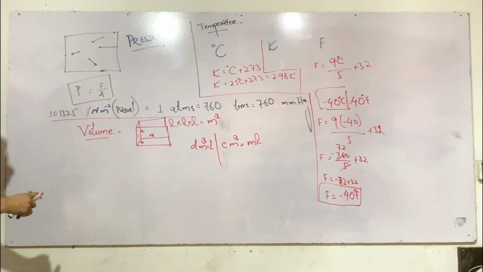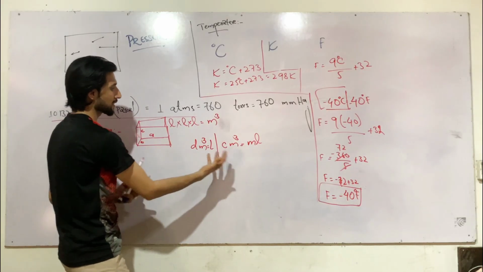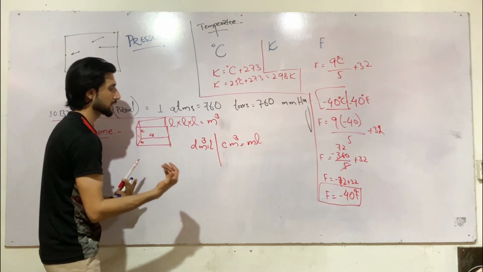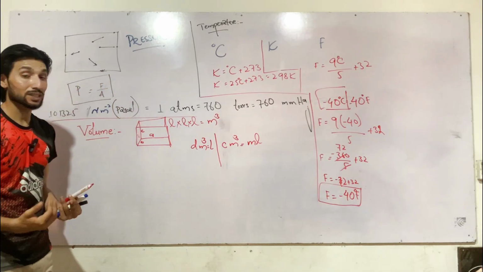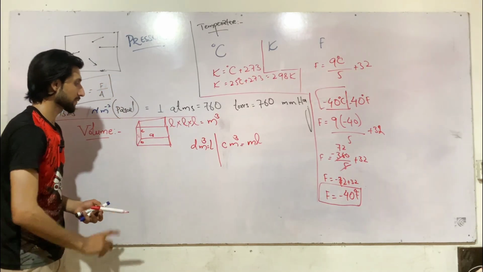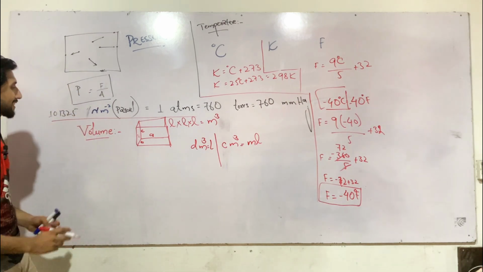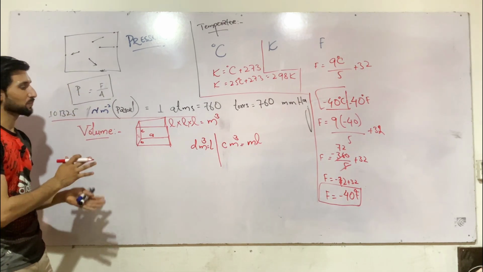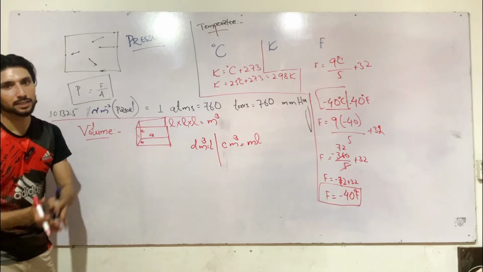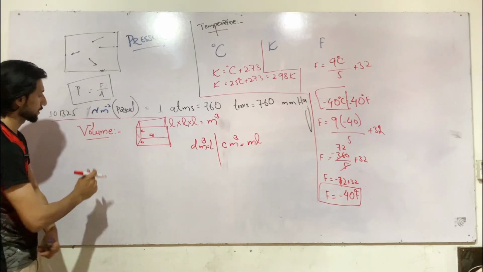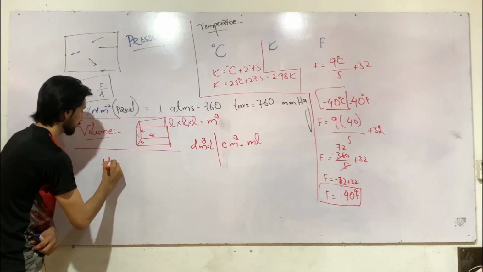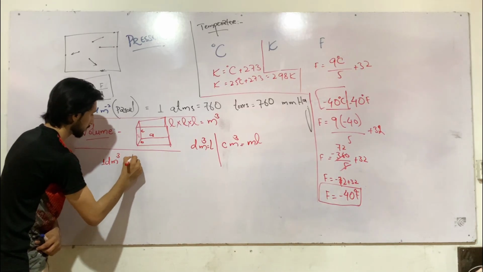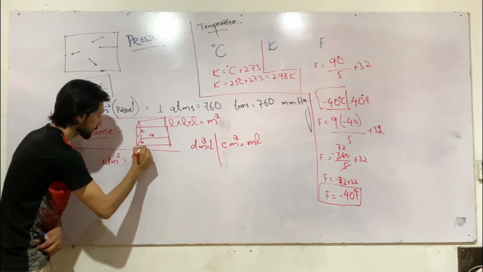Now, what is the conversion between meters and centimeters, meters and decimeters, and centimeters and decimeters? What is the conversion factor between them? First of all, let's find the conversion factor between meters and decimeters. I know that 1 decimeter cube equals 1 decimeter cube.